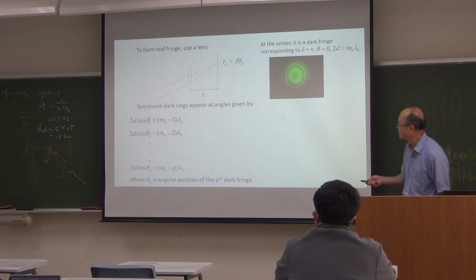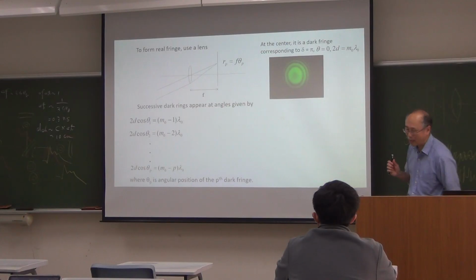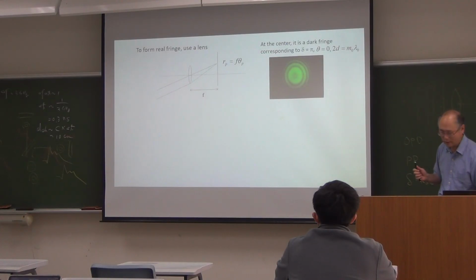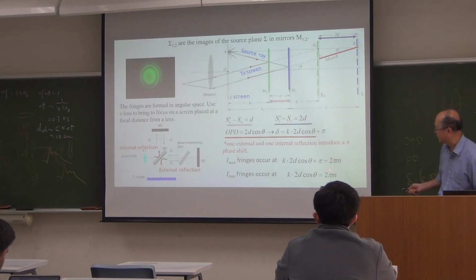Okay, and then you can imagine the location of the dark fringes at theta 1, theta 2, and theta p. We pick up the dark fringes for calculation. Remember that we have this dark fringe right here. We set this initially to be 0, right at this location, and then start to increase theta.